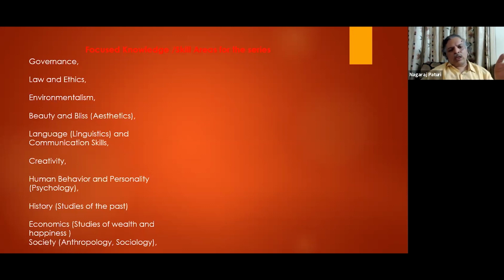That can be helped by Indology or Sanskrit studies. That's what they are doing.